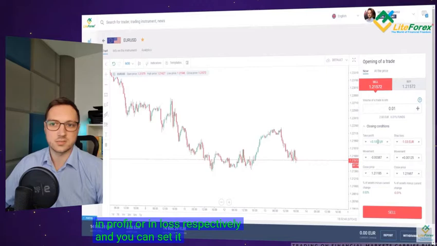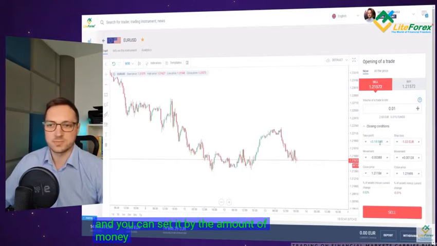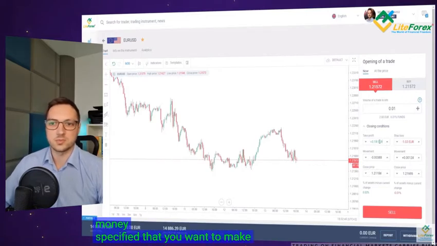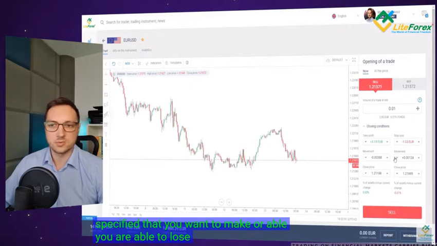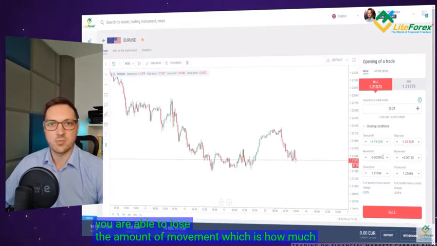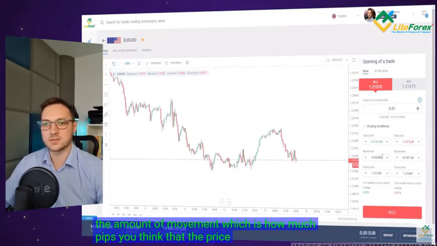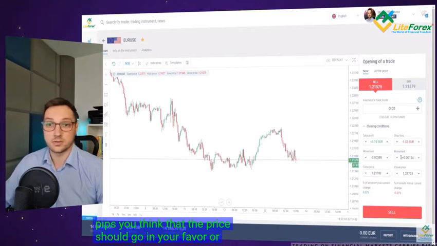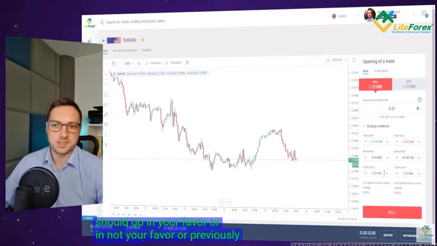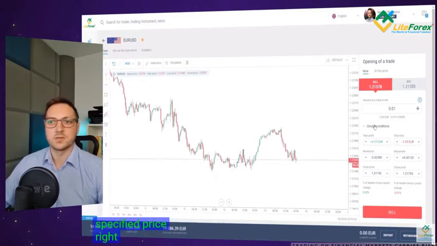You can set them by the amount of money that you want to make or are able to lose, by the amount of movement, which is how many pips you think the price should go in your favor or not in your favor, or by a previously specified price, right?